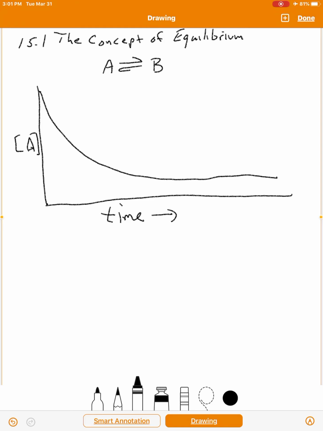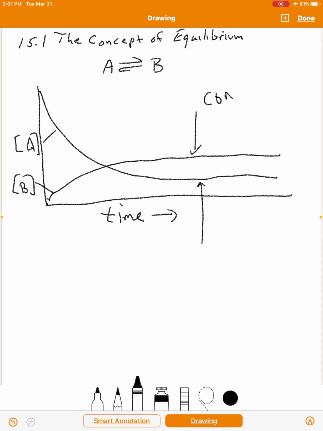Now what happens to the concentration of B? B is initially 0, but it's going to increase. So I'm just going to say, suppose it increases and it comes up like this. Okay, so this is the concentration of B there. Notice how the concentrations, even though they're kind of fluctuating a little bit, they're not really changing out here.